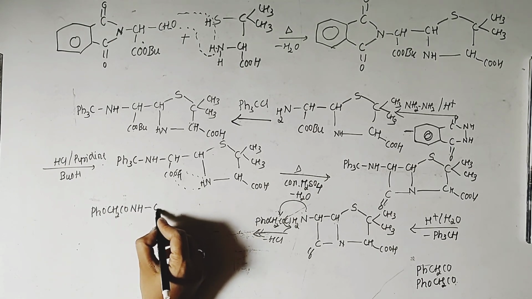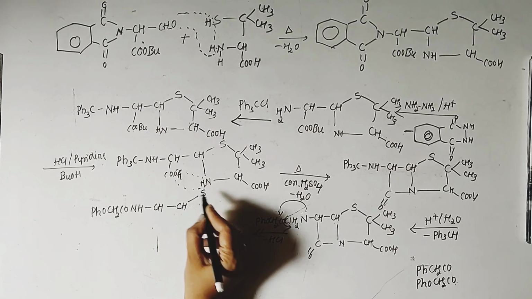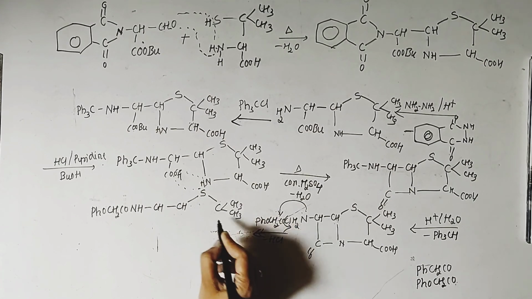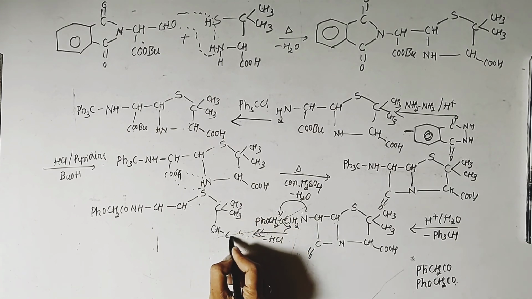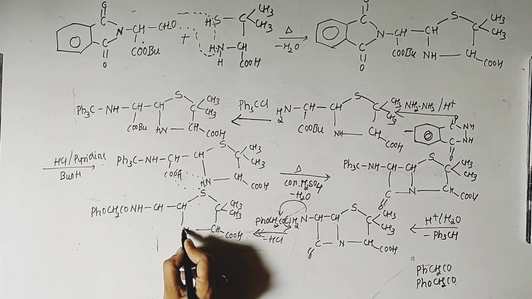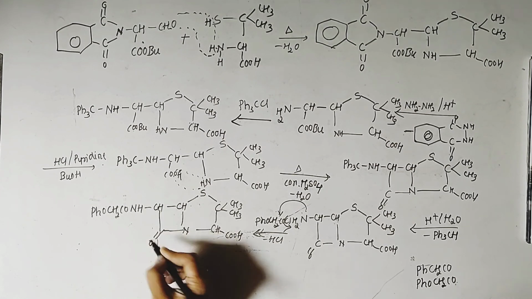So the remaining CH, CH, S, C, CH3. This is also CH3, CH, COOH. This is N, and it is bound with carbonyl group.